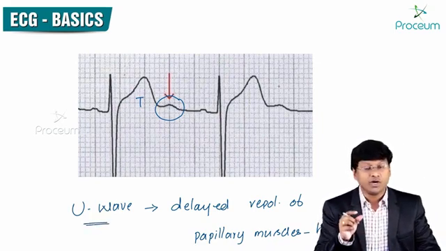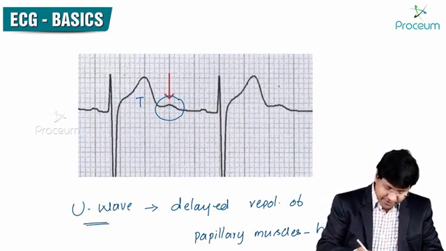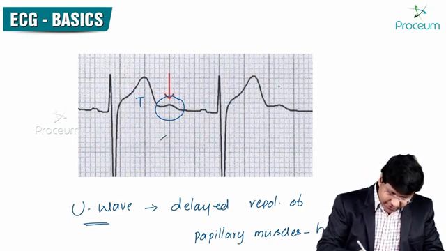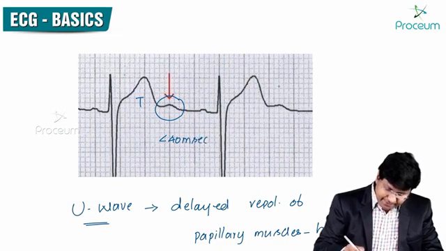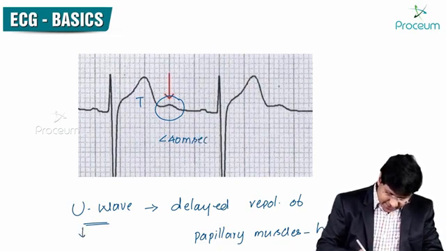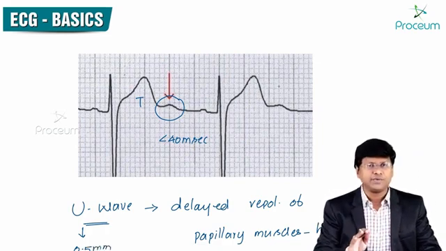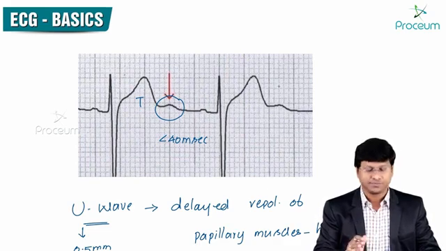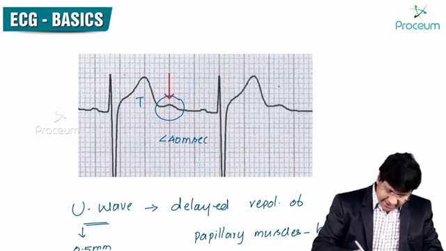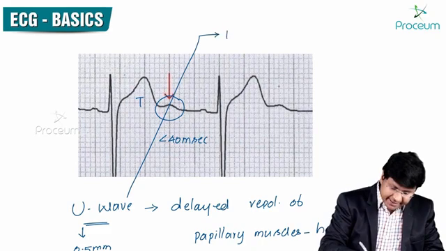Okay, and what will be the duration of the U wave? The duration of the U wave is less than 40 milliseconds. And the amplitude of the U wave is around 0.5 mm. And the U wave can be physiological also, like in clinical scenarios like sinus bradycardia.